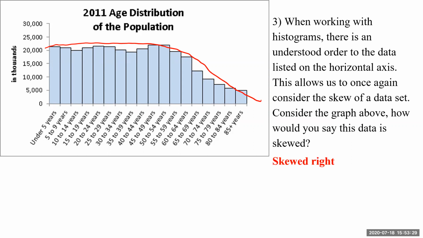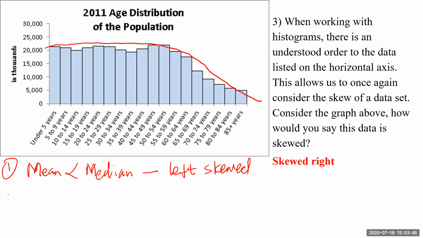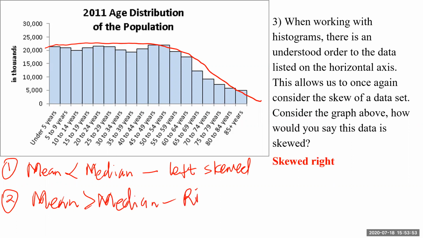You remember we said that when the mean is less than the median, this gives us a left skew. And when the mean is greater than the median, we have a right skew.